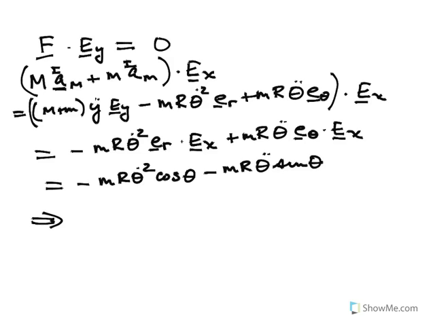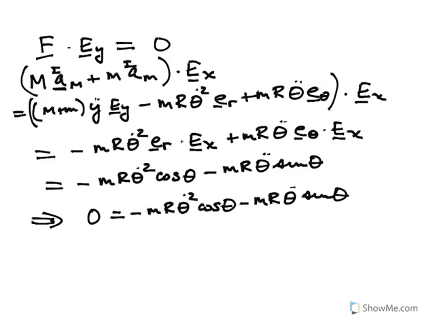So this gives that 0 is equal to minus mr theta dot squared cosine of theta, and then minus mr theta double dot times the sine of theta.